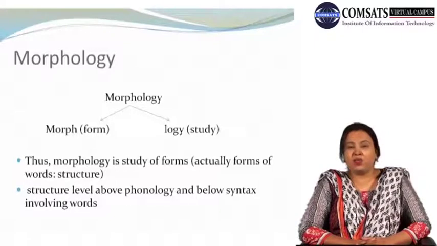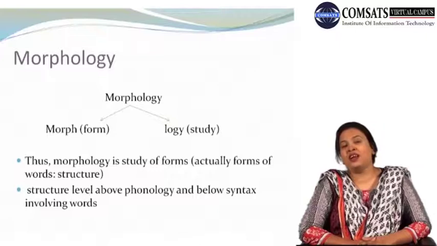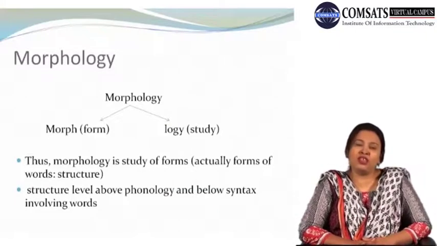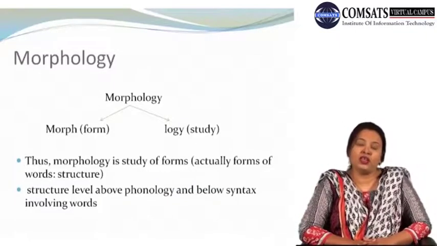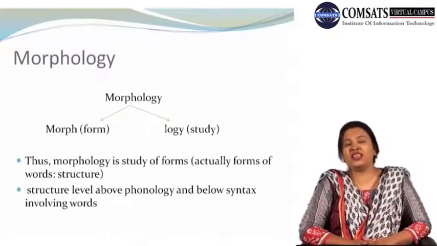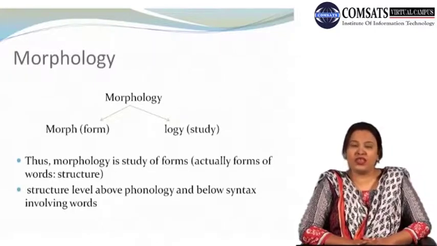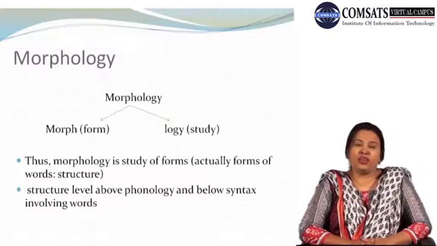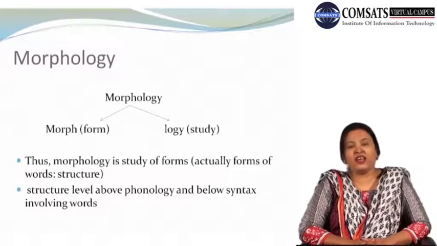When we study something, we add it with logy. It comes from the Greek word logos, which means to study or to get knowledge. So morphology is the study of forms. This is the definition of morphology that we get from its etymological roots.